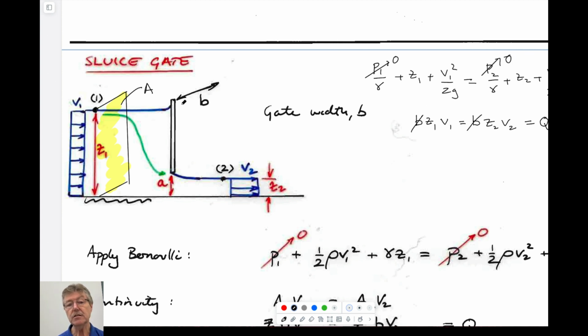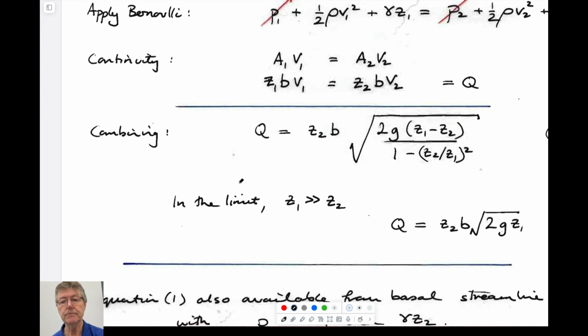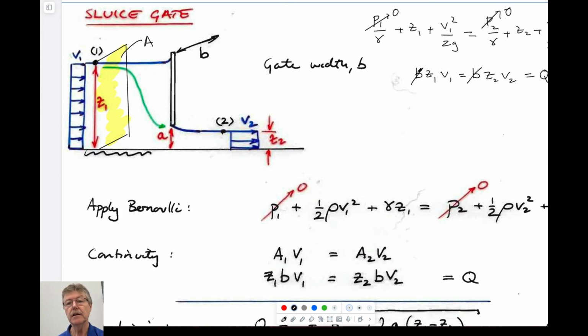They're different elevations. So the essence of this problem is that this elevation here is different from this. And so if you have a stream gauge upstream which measures the height relative to the downstream height, that's all you need to make your flow rate measurement. So this flow rate measurement just comes from solving these two expressions by linking V1 and V2.